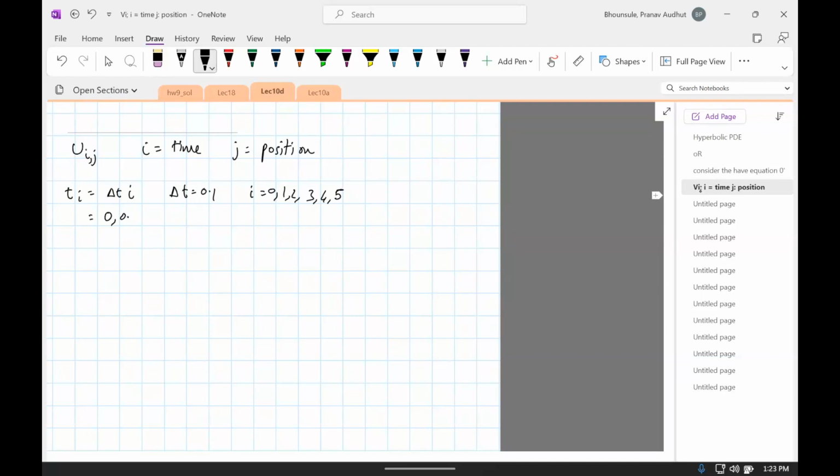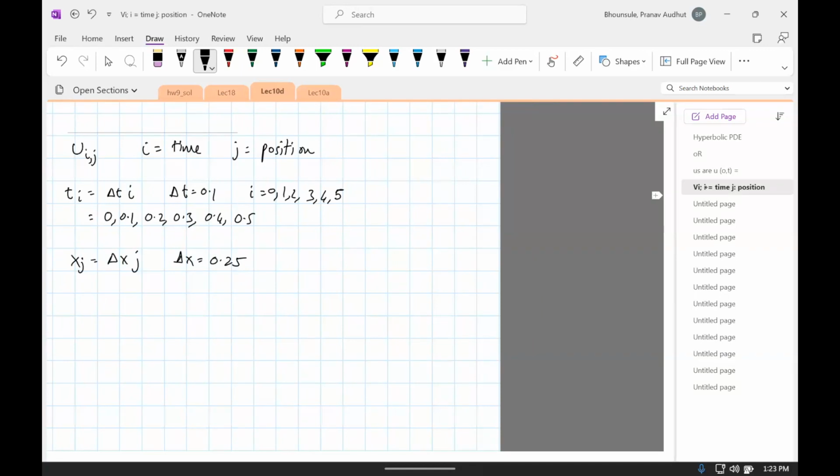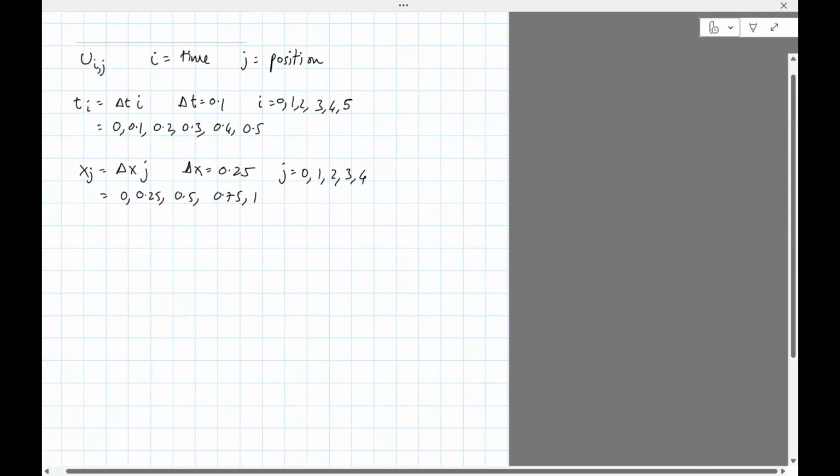So in other words, this will be 0, 0.1, 0.2, 0.3, 0.4, and 0.5. For x, we have delta x times j, where delta x was 0.25, and x goes from 0 all the way to 1. So j would be 0, 1, 2, 3, and 4, so that x j would be 0, 0.25, 0.5, 0.75, and 1. That is just setting the grid.